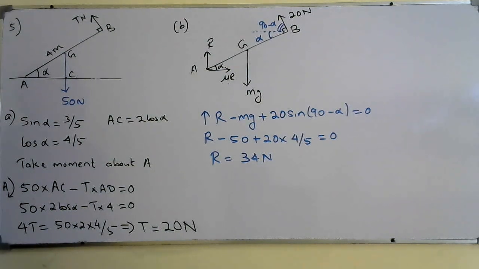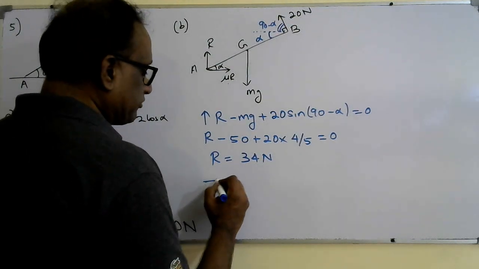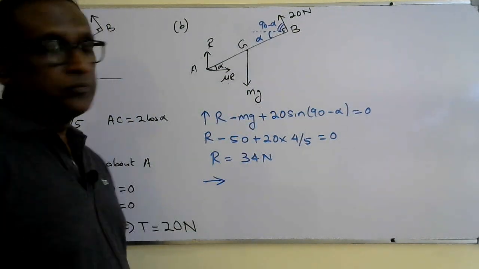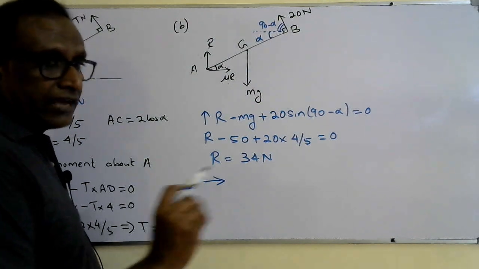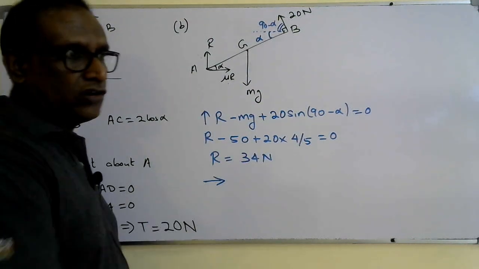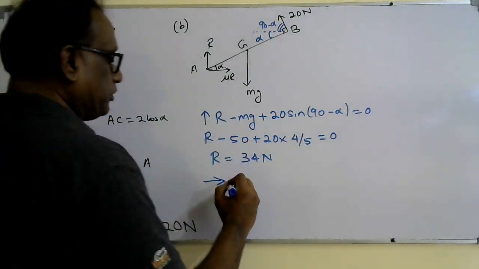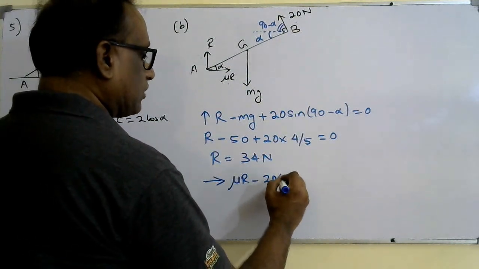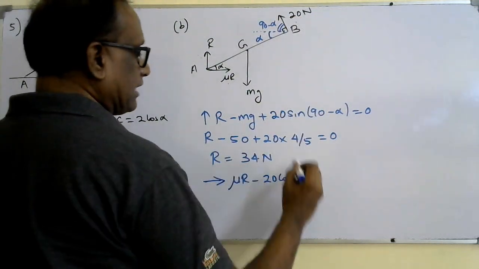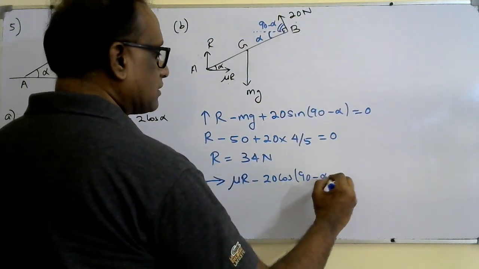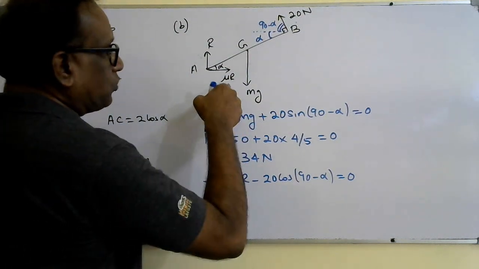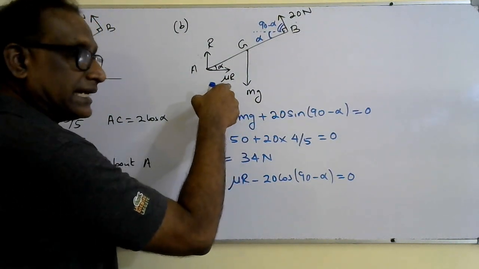Now when you resolve horizontally, how many forces are acting in the horizontal direction? This is a vertical force, which won't have any horizontal component. You can't resolve a vector through 90 degrees. So mu R minus 20 cos(90 minus alpha) equals 0. Cos(90 minus alpha) is sin alpha. F equals mu R because it's at limiting equilibrium.